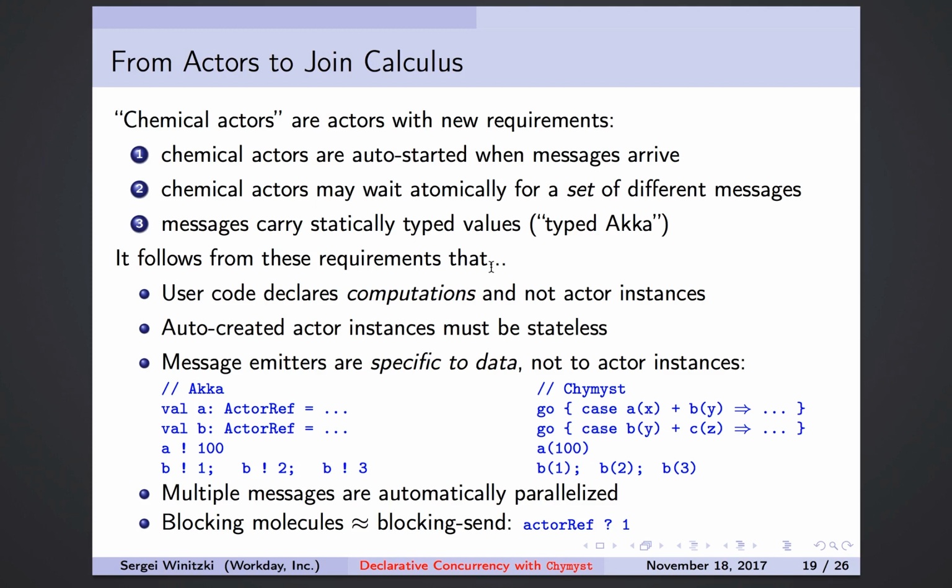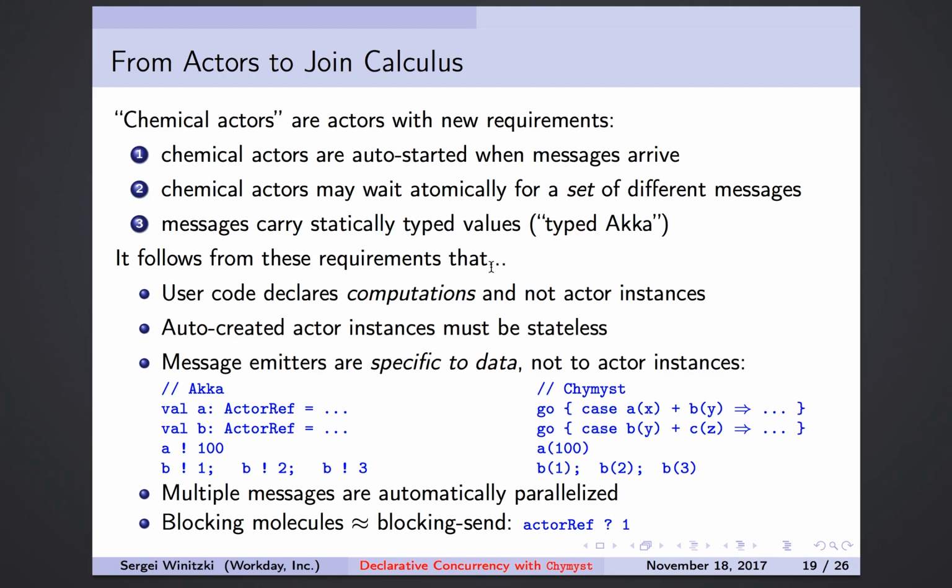The first requirement is that the chemical actor, so to speak, should be automatically started whenever messages arrive. So the user code should not have to allocate or start or create actors explicitly or manipulate actor references explicitly. The user code only sends messages, and something is done automatically correctly.